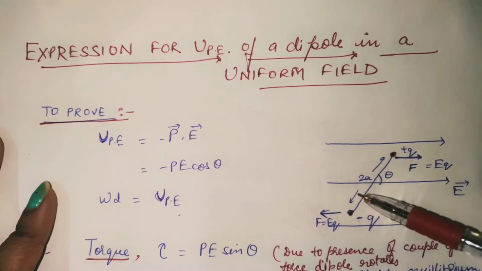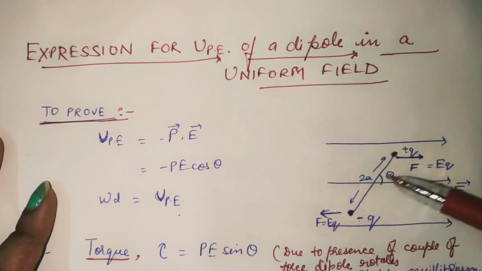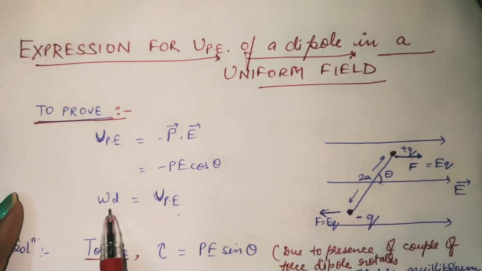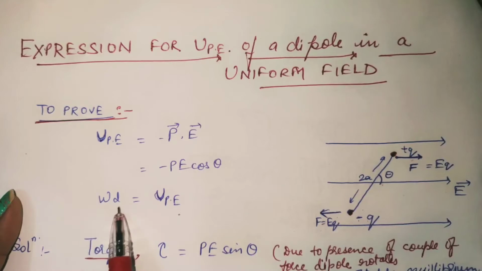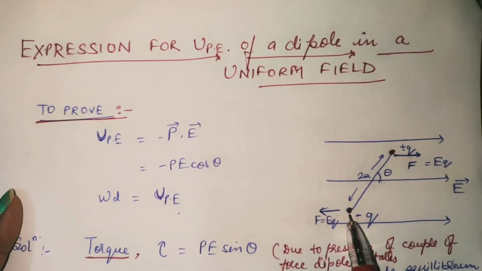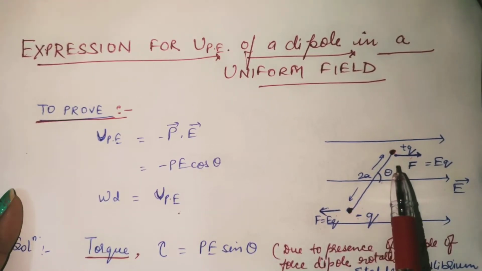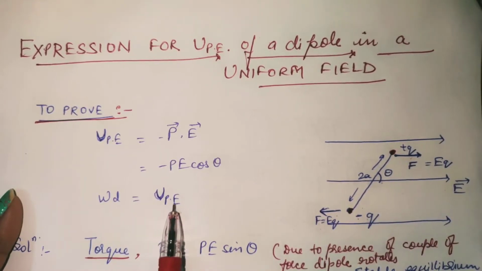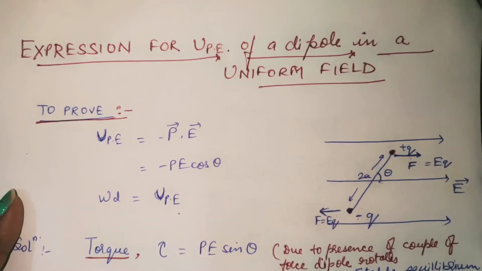The distance between these two charges is 2a and they are aligned with the electric field at an angle of theta. So we can define that work done in moving the charge from one point to another in an electric field is given by the potential energy of the dipole.